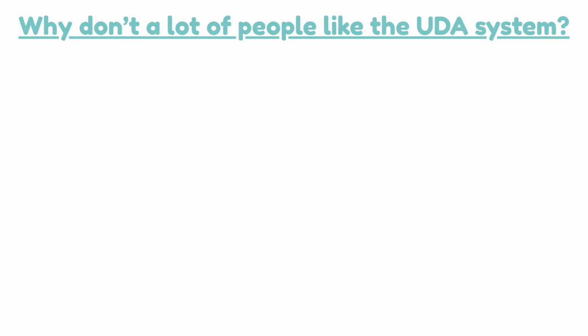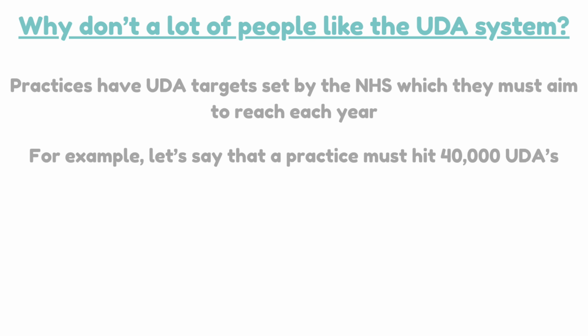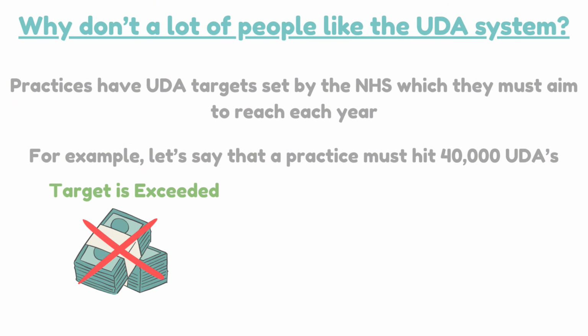Now, why don't a lot of people like the UDA system? Practices have UDA targets set by the NHS, which they must aim to reach each year. For example, let's say that a practice must hit 40,000 UDAs in 1 year. Now, what's not great about this system is that if the target is exceeded, so for example, the practice does 41,000 UDAs in the year, usually they're not paid for those extra UDAs that have been accomplished, which is obviously not worth it.